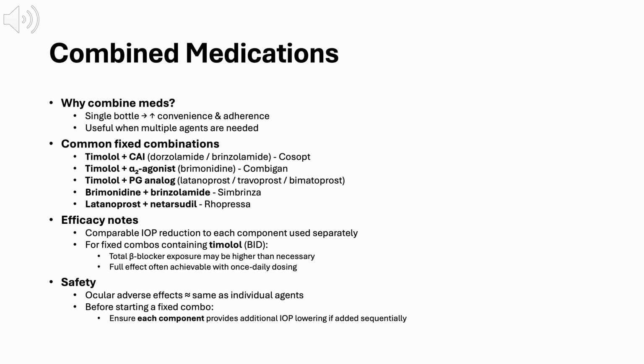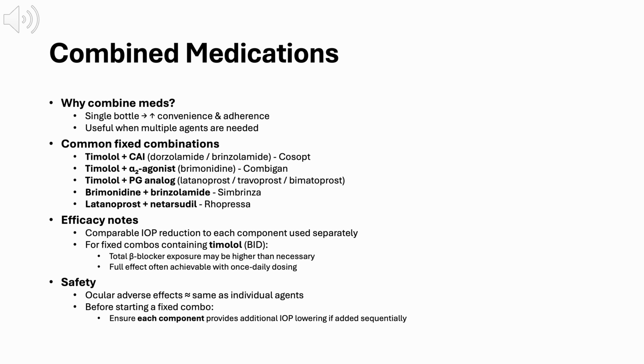In terms of efficacy, these combinations generally produce similar IOP lowering to using each component separately. However, with timolol-containing combos, the total beta-blocker exposure can be higher than needed, and many patients still achieve good control with once-daily dosing. From a safety perspective, the adverse effects mirror those of the individual agents.